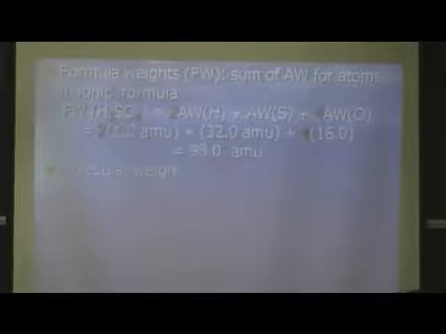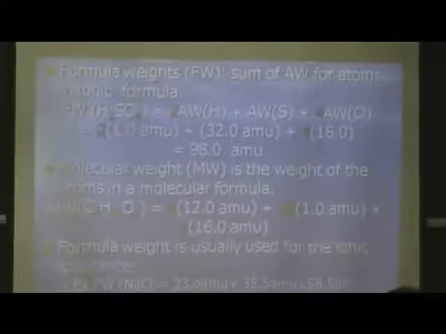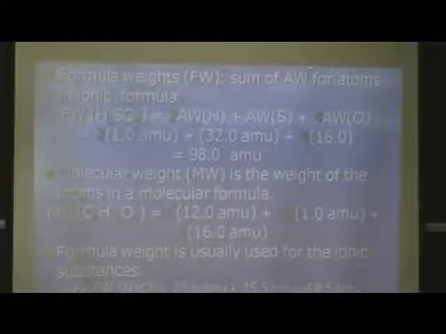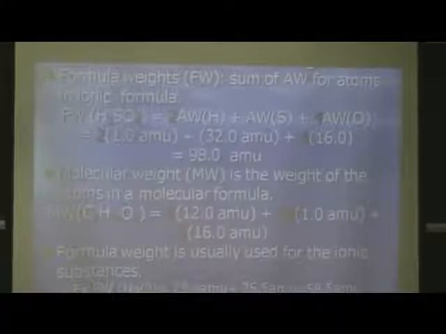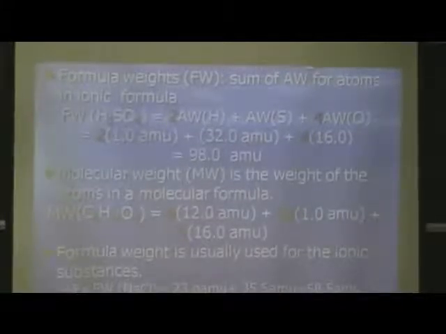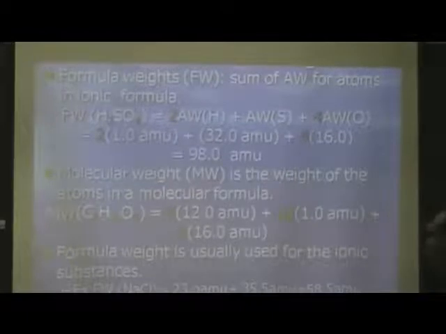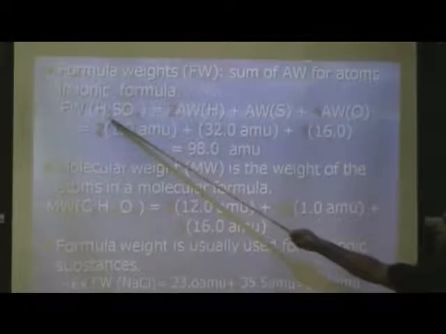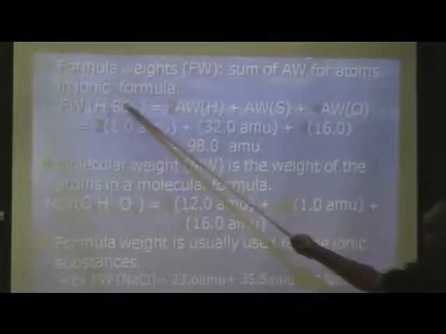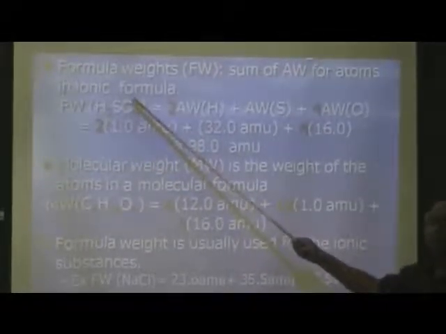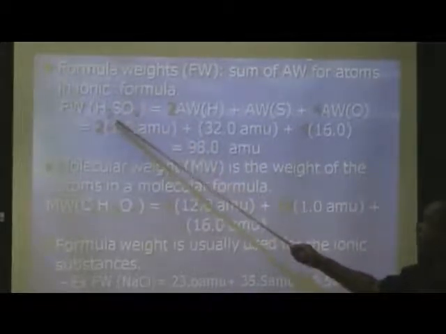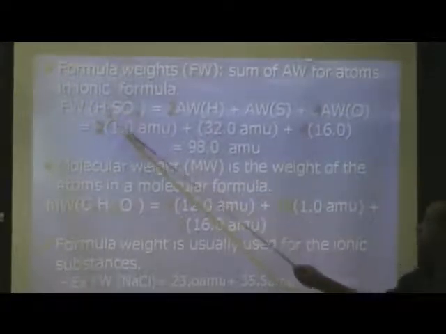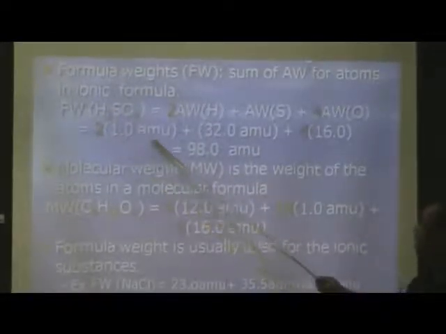Now, here we're going to see the difference between a formula weight and a molecular weight. Formula weight is the sum of the atomic weights of the atoms in an ionic formula. The subscript always tells you how many atoms you have. For example, the formula weight of H2SO4: we have 2 atoms of hydrogen, 2 times the atomic weight of hydrogen, which is 1.